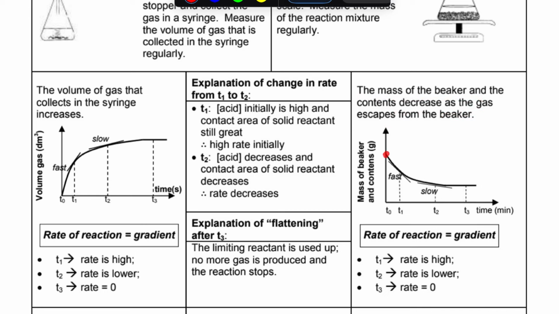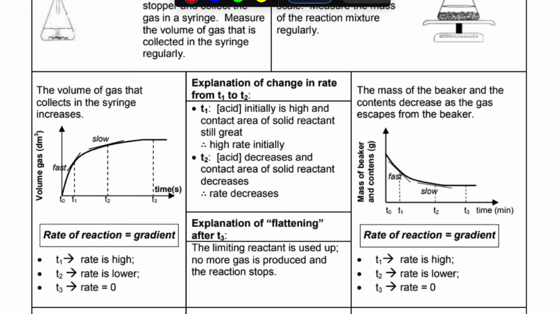So this is the graph of mass versus time. The initial mass of this container decreases as the reaction starts. And then if you look at the slope, if you draw a tangent there, you see the gradient is steeper.